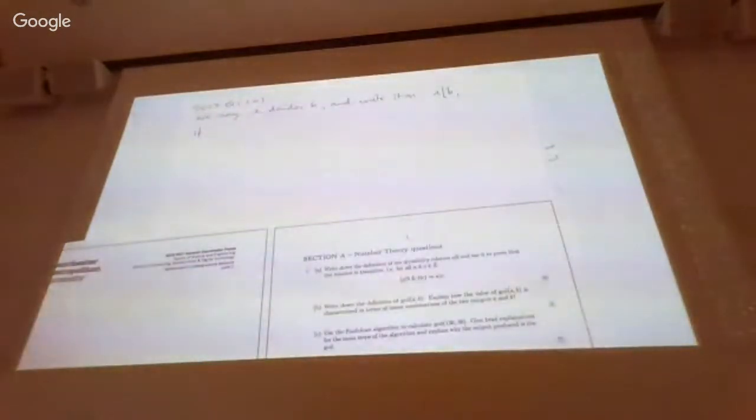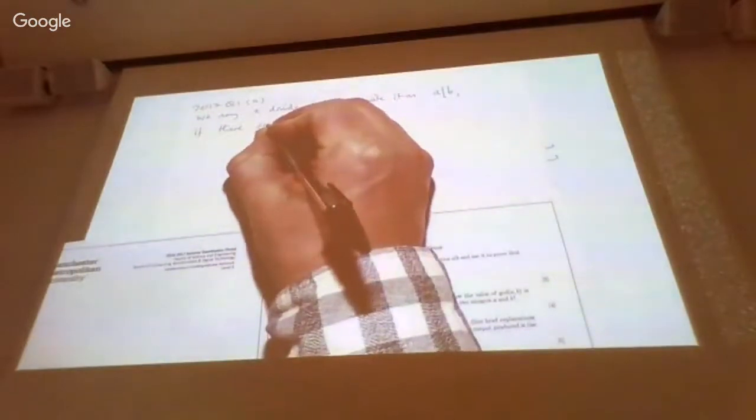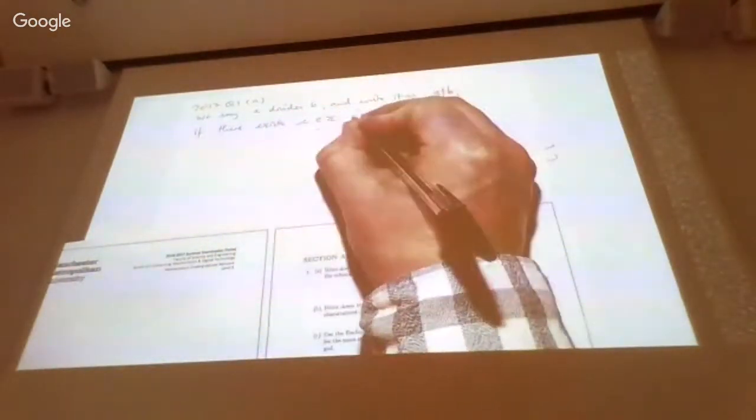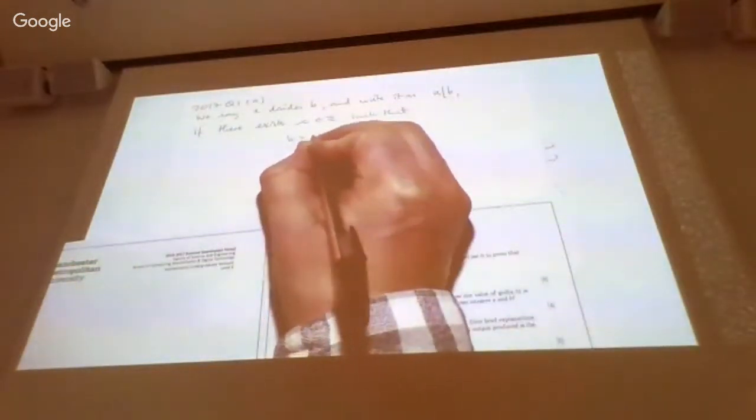Well, of course, the idea is A divides into B in an integer sense. B is a multiple of A. So we can say if there exists another integer C such that B is equal to C times A.